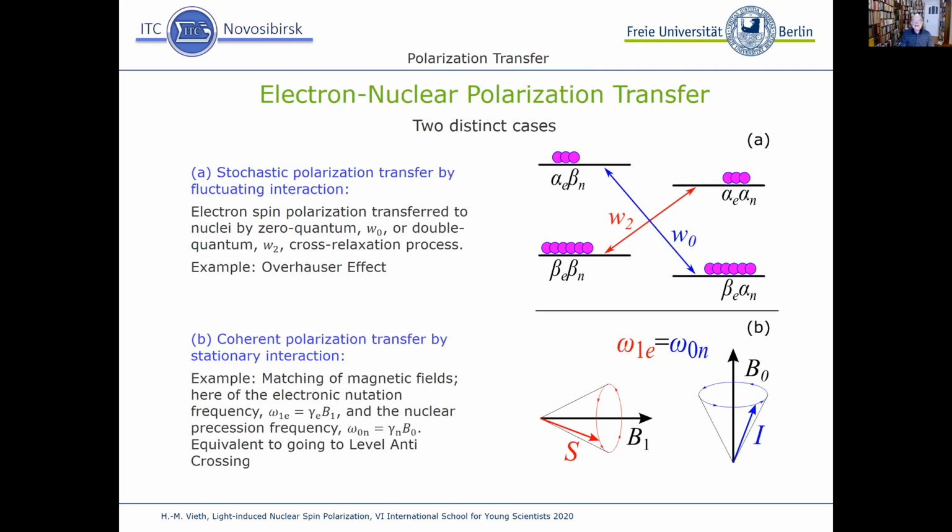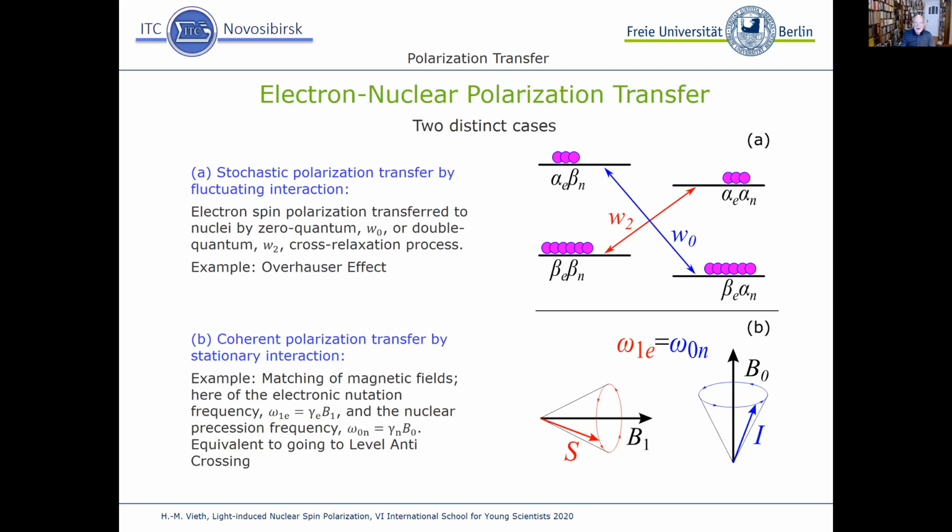Here, we have to talk about how this coupling between the electronic and the nuclear spins is done. That's rather similar for the liquid and for the solid phase. You can use either the stochastic parts of your Hamiltonian, giving rise to a fluctuating interaction between the 2 spin reservoirs.